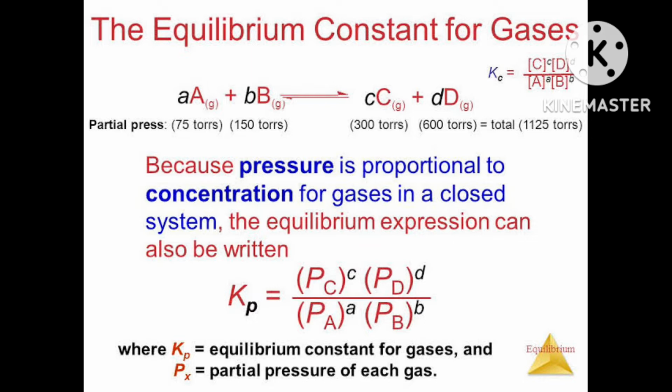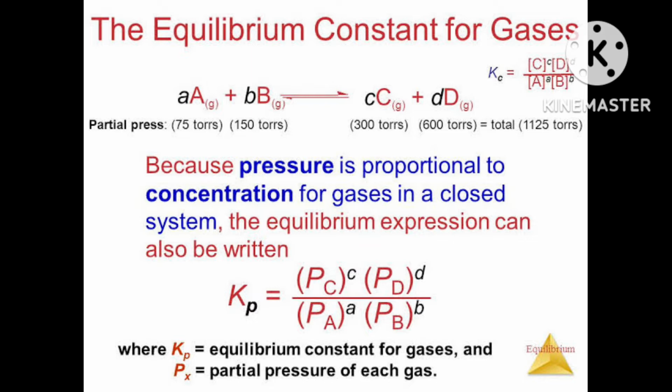As for example, A plus B gives the products C plus D. Then the rate means how much product, how much C plus D, will form. That is the rate of forward reaction.